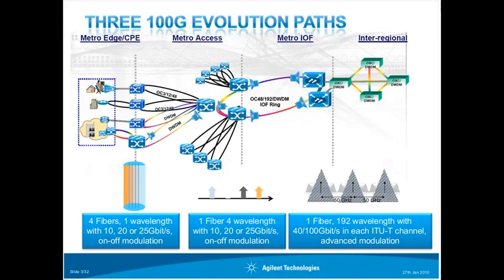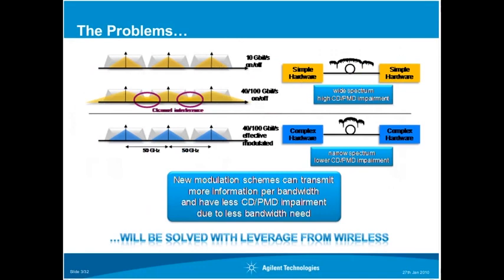So what we are addressing more is the long haul systems. In the long haul systems, we will see polarization multiplexed signals which add up to 100 gigabit per second in one ITU channel. So what essentially is happening in long-haul systems is that the challenge is to transmit 100 gigabit over a 10 gigabit infrastructure.